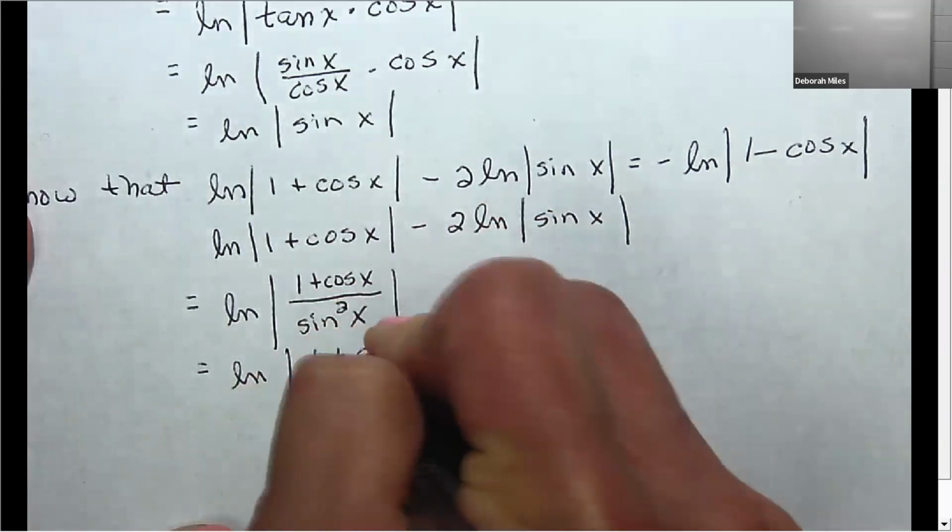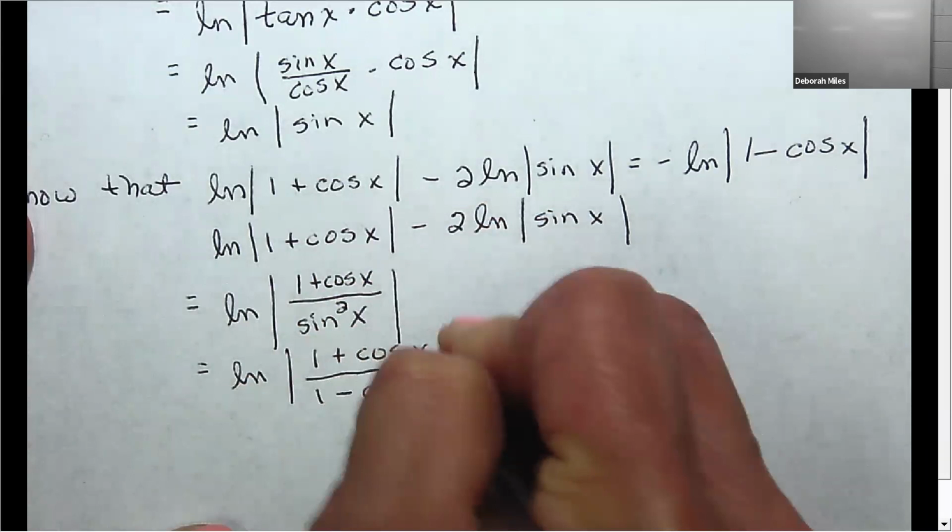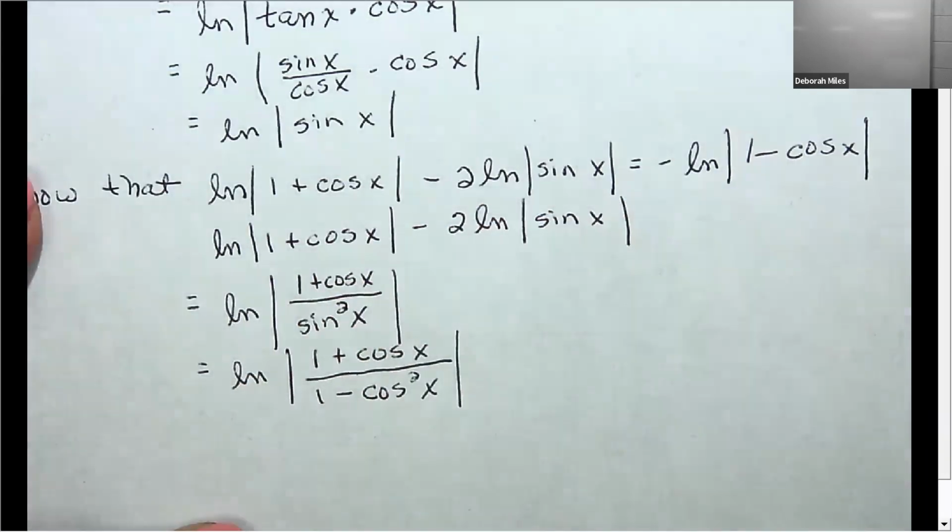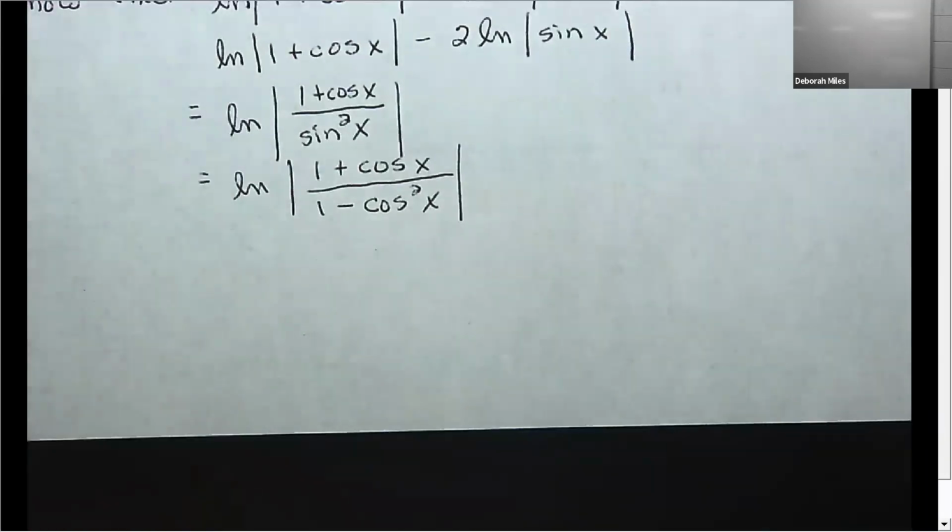Right, it is 1 minus cosine squared. What are you wanting to do? Factor that denominator? Okay.